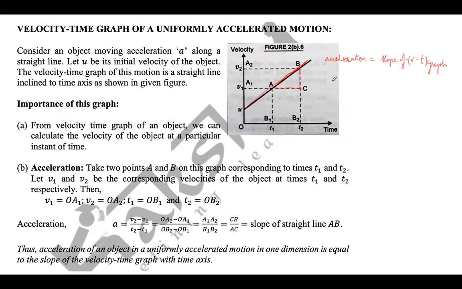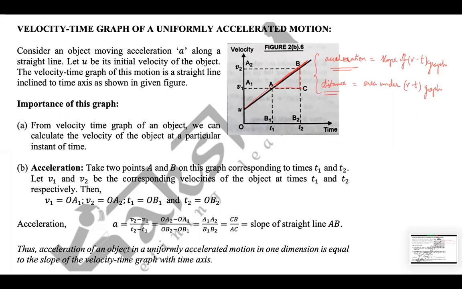And distance can be found out by the area under the VT graph. Area under the velocity time graph gives us distance. So acceleration is given by the slope of VT graph and distance is found out by the area under the VT graph.